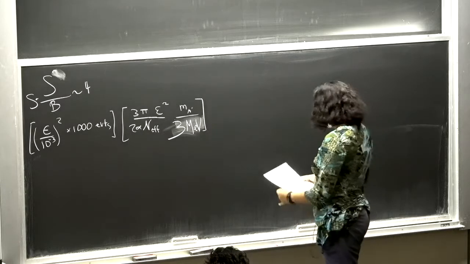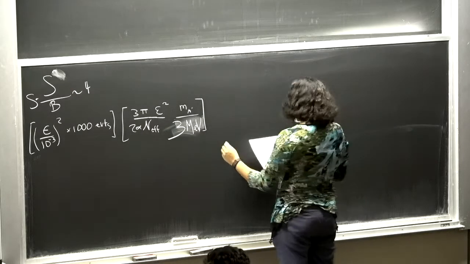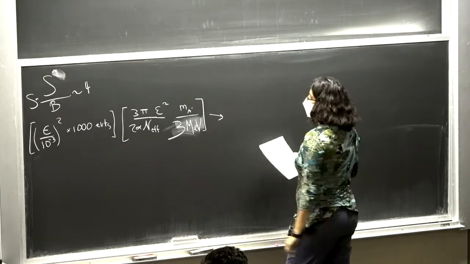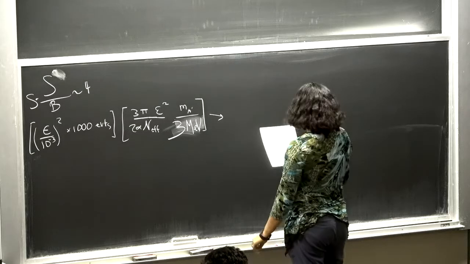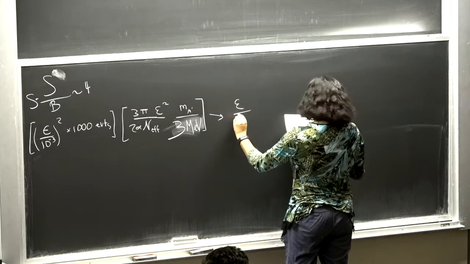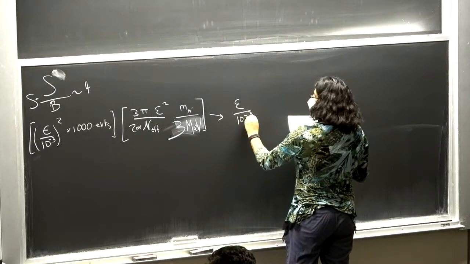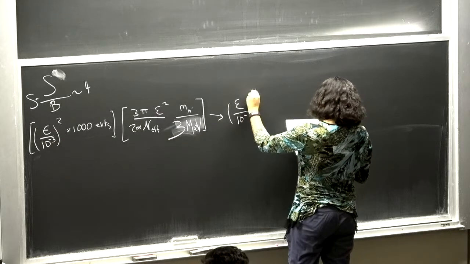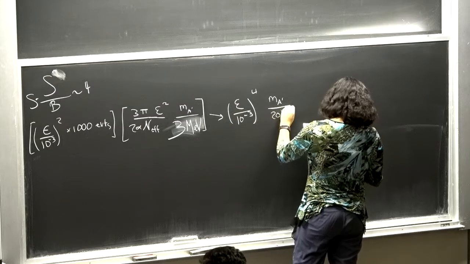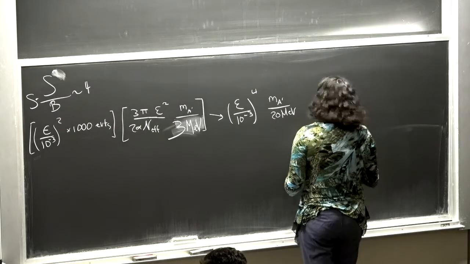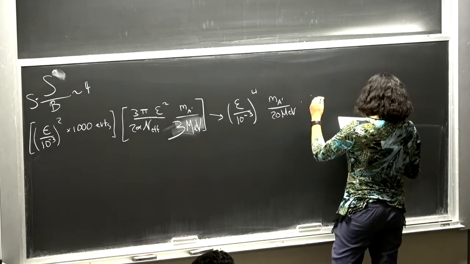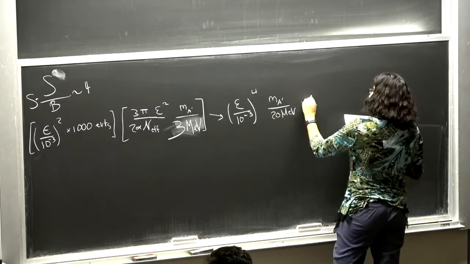That's my delta M. And that works out to, for MA, something like epsilon over 10 to the minus 3 to the 4th, MA prime over 20 MeV, times 1.